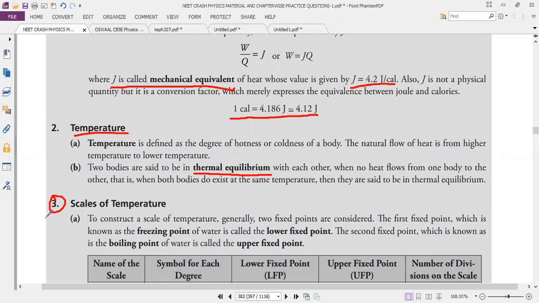So how many scales are there? Anybody remember? Tell me, what scales are there? Give me a reply through the chat box. Celsius. Okay. Next.